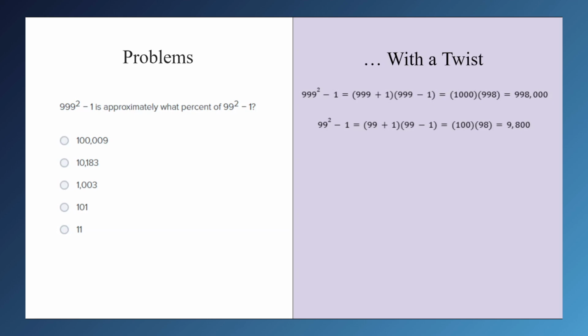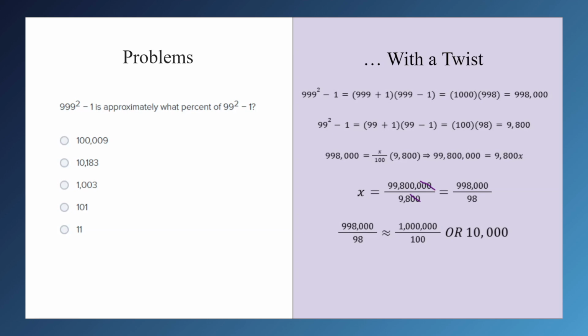What percent is 998,000 of 9,800? Well, x, the percent, equals 99,800,000 divided by 9,800, which is 998,000 over 98, which is approximately 1 million divided by 100, or 10,000.